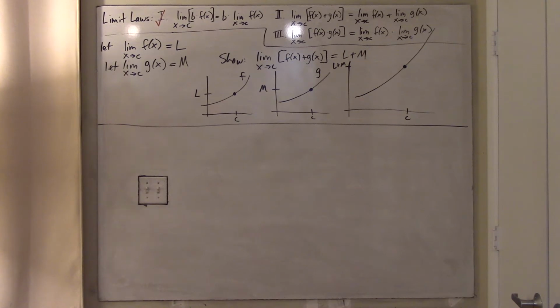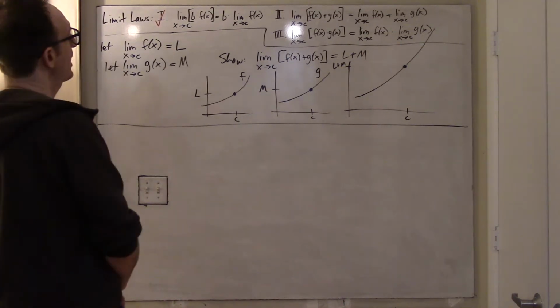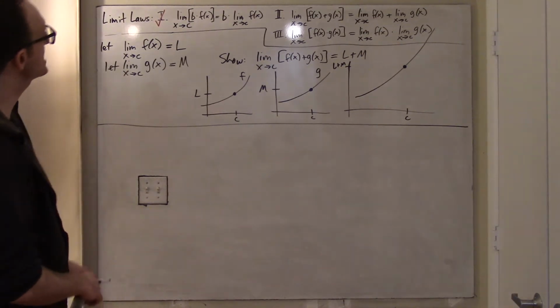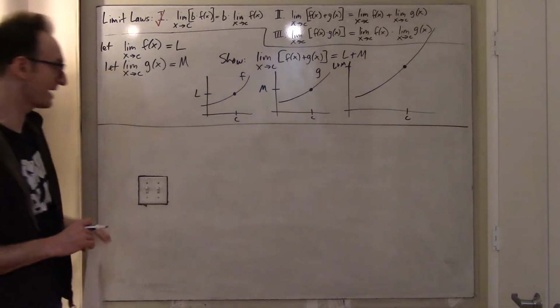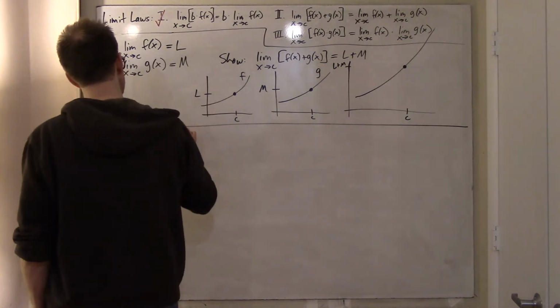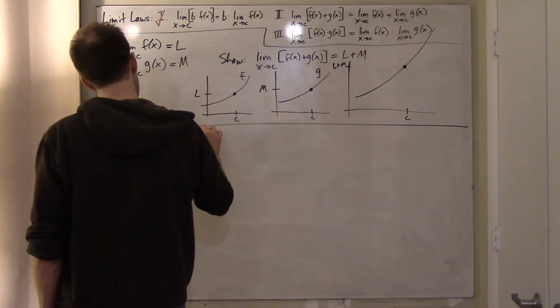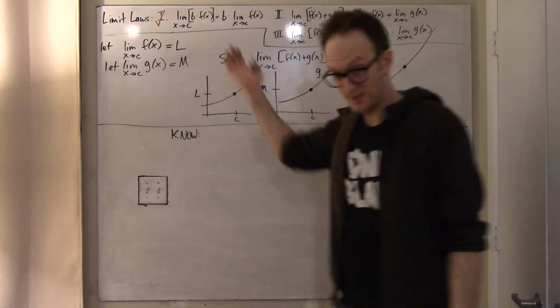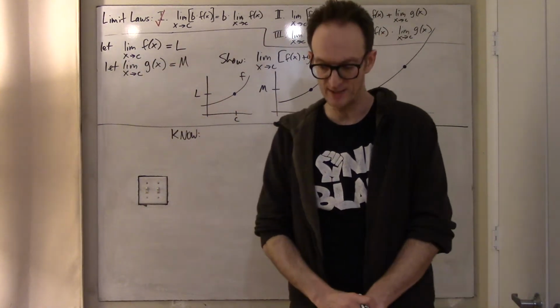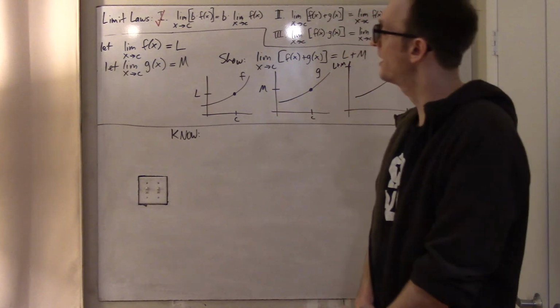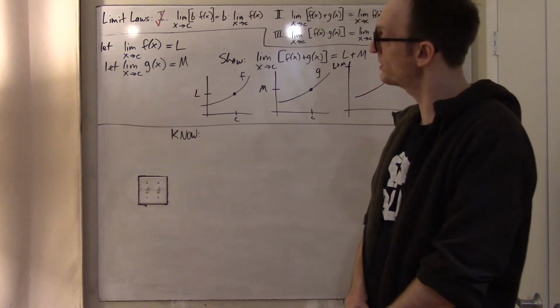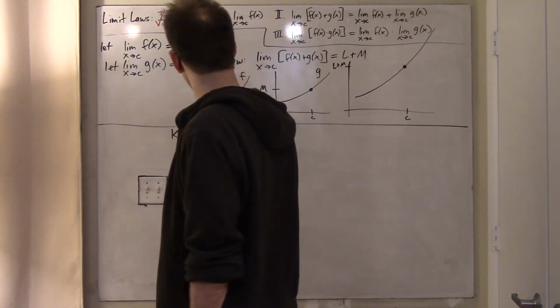So let's go. What do I know? I know that the limit as x approaches c of f is L. So I have the full epsilon-delta definition for this limit.